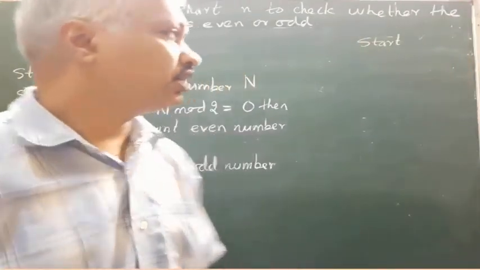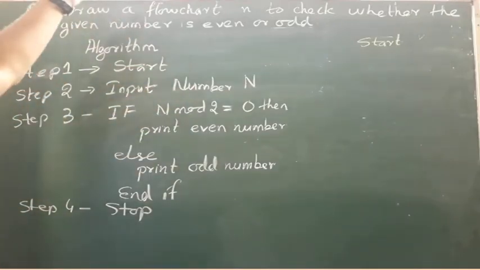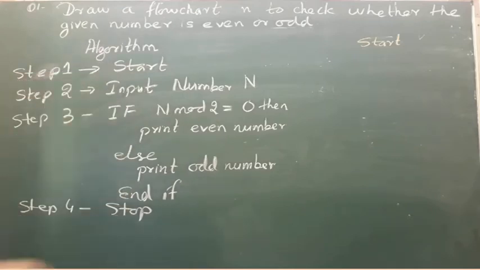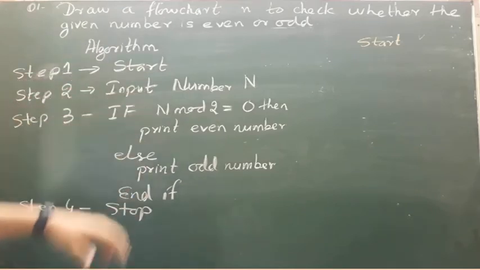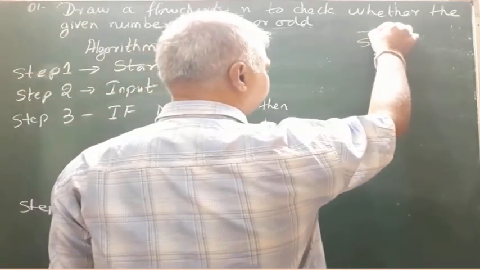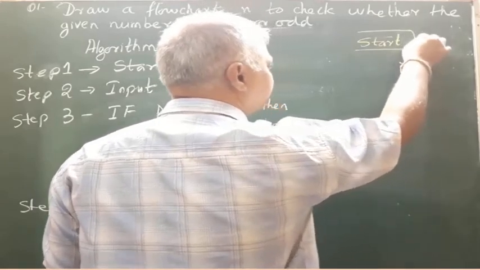Okay, dear students, now we are going to see the flowchart for the question that we have discussed earlier. This is the algorithm, I have written it here. So, very first, step 1, start. For that, you have to draw the start stop symbol.